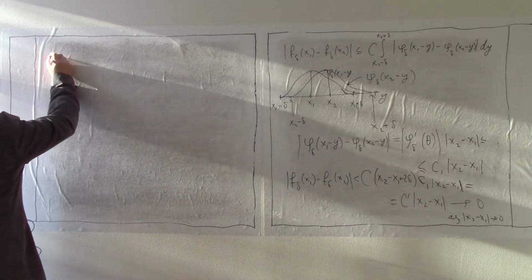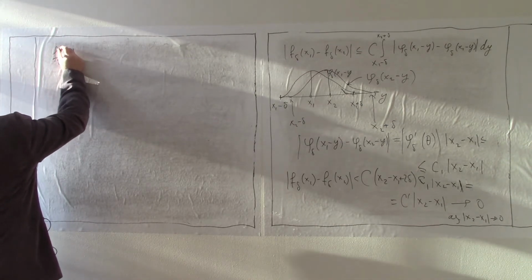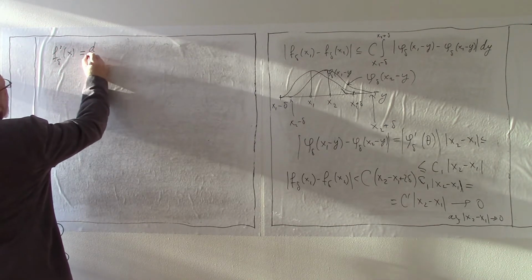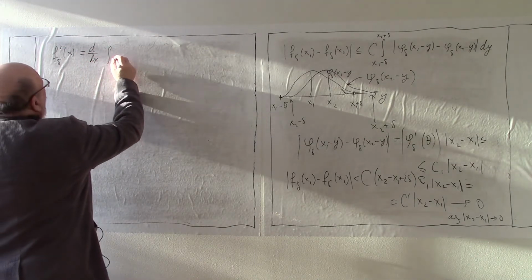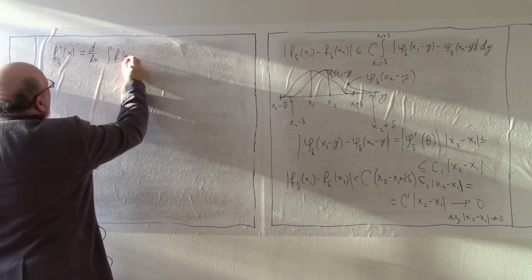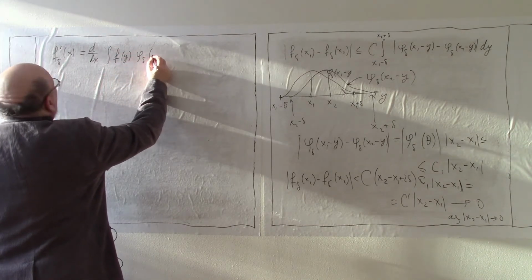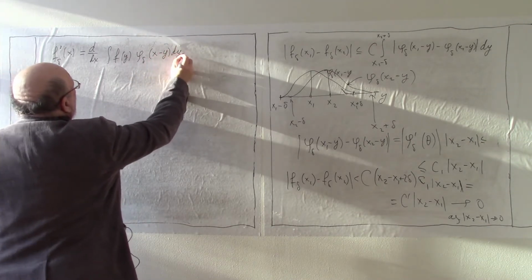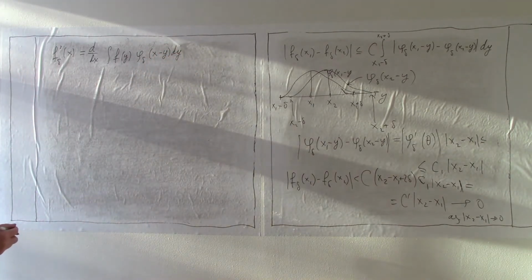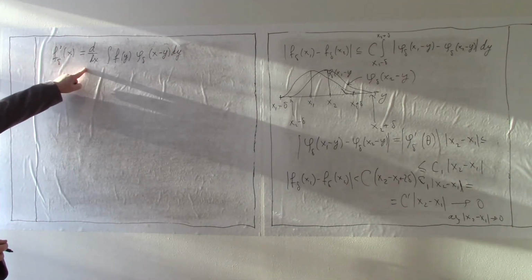So, f delta prime of x equals d dx of the integral of f of y phi delta x minus y dy. I have to differentiate with respect to x.